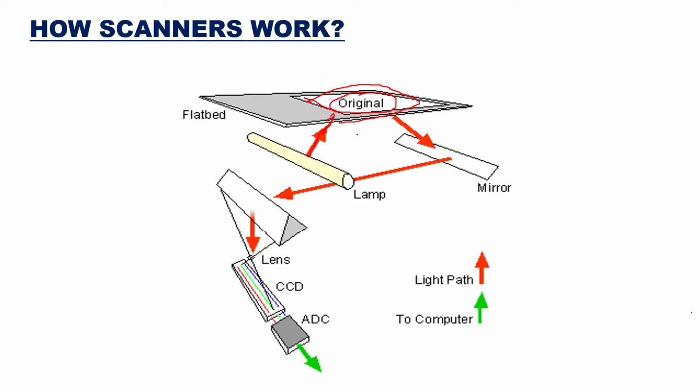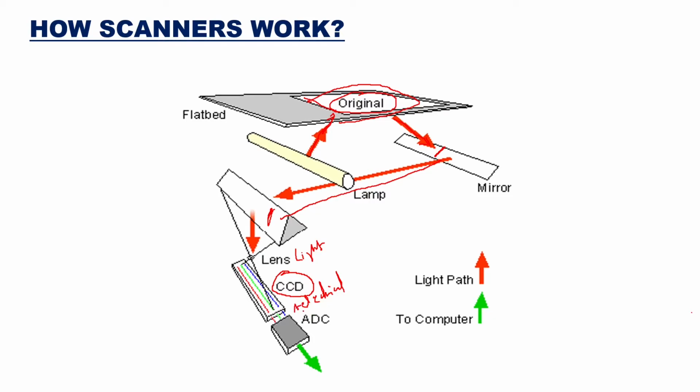Whenever the light ray is scanning it, the reflected light will fall on the mirror which is placed here. From the mirror, the reflected light will go to a lens which is placed here. From the lens it will go to the CCD arrangement, an array of CCD, which will convert light energy into electrical analog energy.